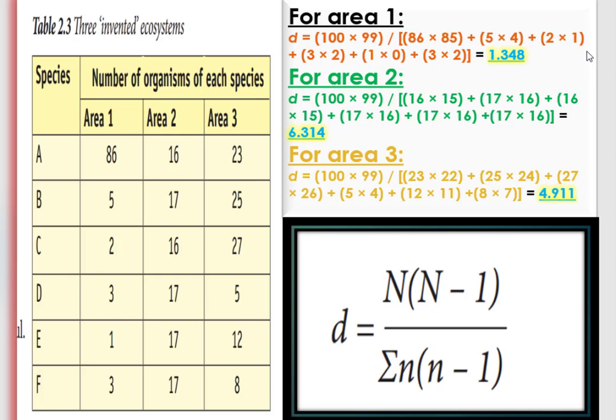D is equal to N times N minus 1 over the summation of n times n minus 1, or the number of all organisms in an ecosystem times that number minus 1, divided by the summation of the number of individuals of each species times that number minus 1.